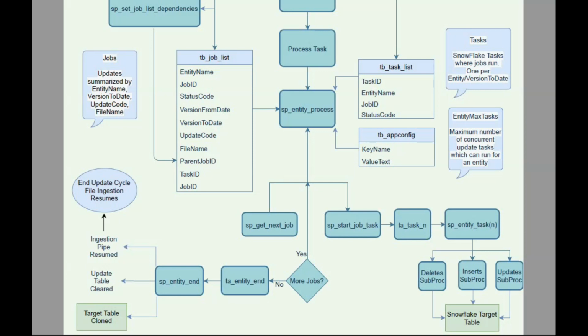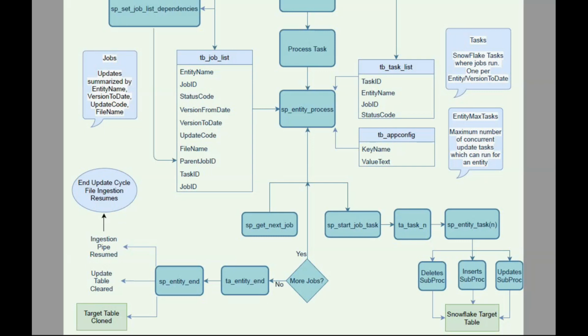SP entity task retrieves the job ID from the task list table and then all of the job specifics from the job table. It then calls the appropriate delete, insert, or update subprocedure to apply the updates to the target Snowflake table. When all jobs have completed, SP entity process dynamically creates task TA entity end, whose handler is SP entity end.